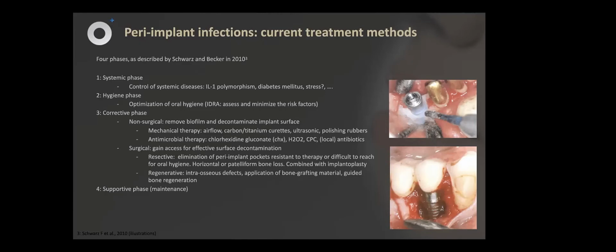First, the systemic phase, which is control of systemic diseases. The hygiene phase, optimization of oral hygiene, and yes, we can also look at that in a way of lifestyle changes, and lifestyle and immune fitness are related very much together, I am convinced.